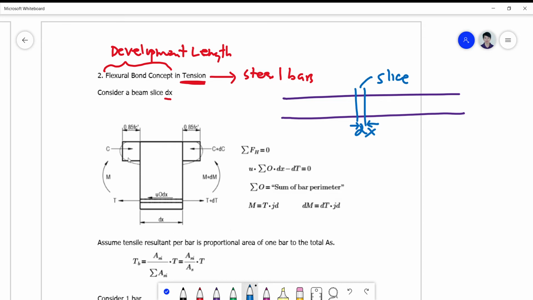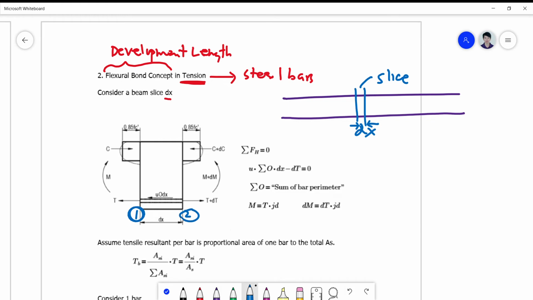So you take note that the stresses will have some change, because you are referring to two sectional lines along the beam. This is section 1 and this is section 2.